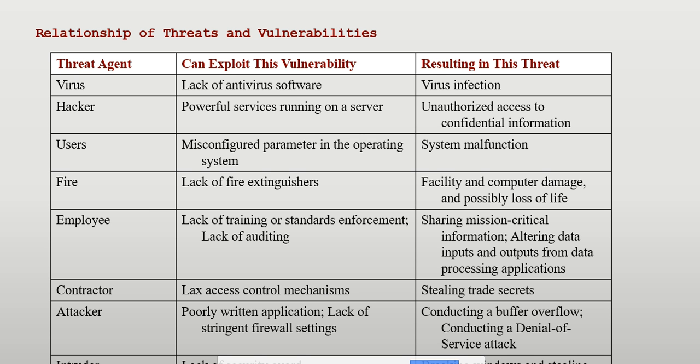If you just take a look at the top one, and then we'll enumerate down all the way through, the threat agent for the top one is a virus. The middle one kind of makes sense here. They can exploit the lack of antivirus software. If you're not running antivirus, then you're in trouble. And the result is a virus. Pretty straightforward, right?